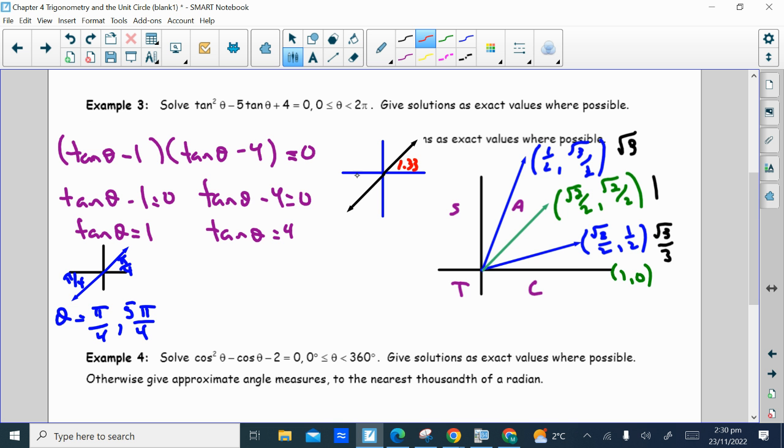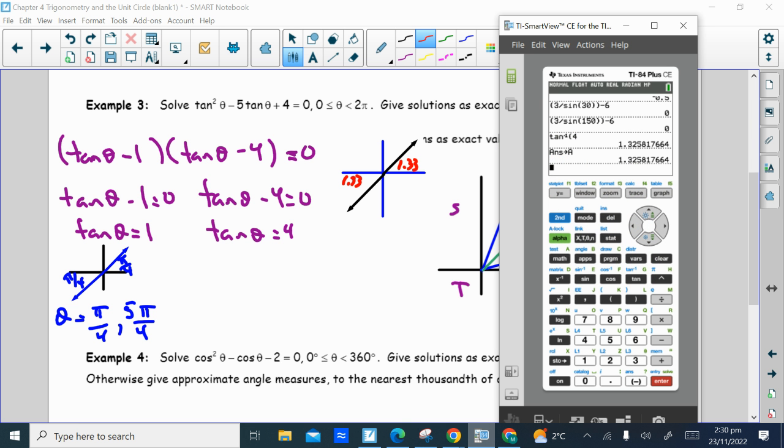Because the reference angle is 1.33, but in quadrant number 3, it's 1.33 past pi. So I stored that number into memory slot A. If I add pi onto it, that'll be the measure of the angle in quadrant 3, 4.47 if I round to 2 decimal places.